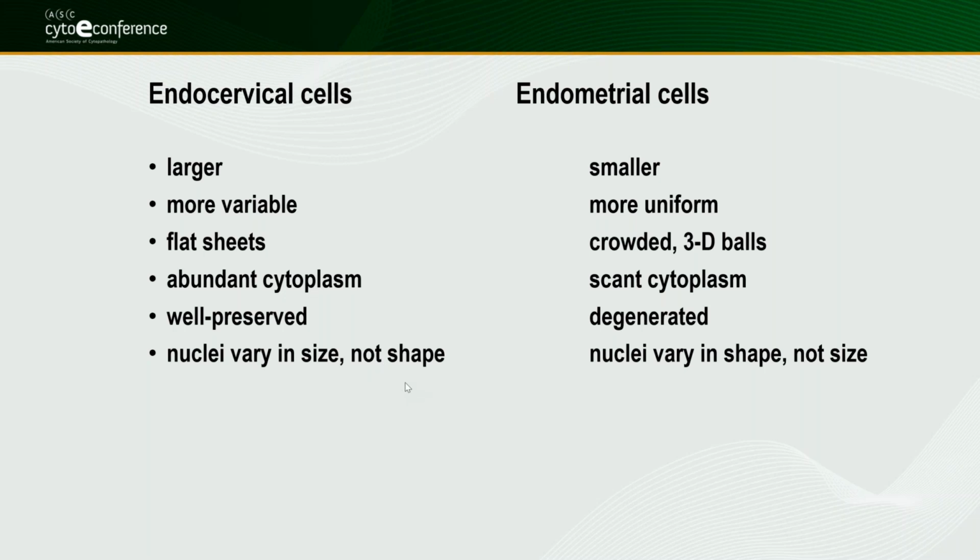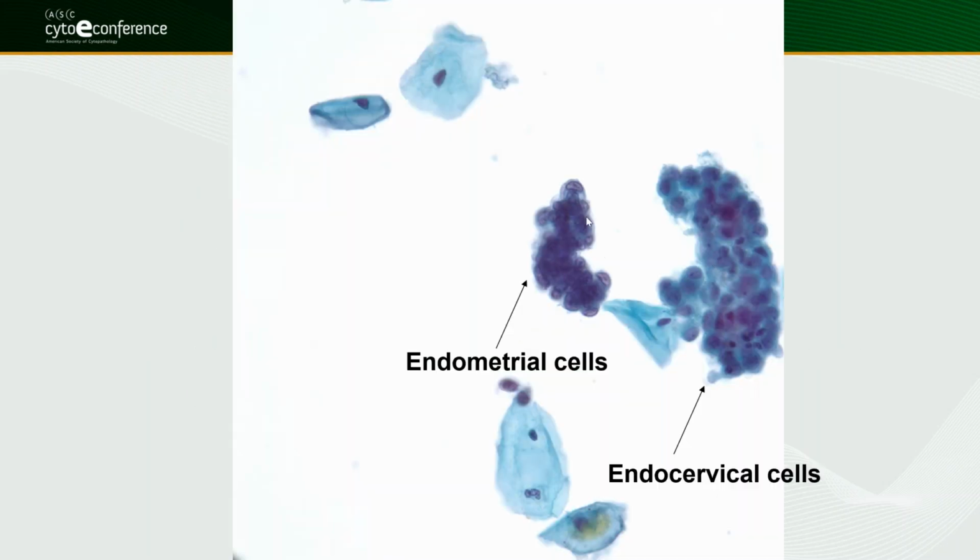They're round, but you can have a variation in size, with a smooth nuclear membrane. This is a picture of endometrial cells, and endocervical cells are bigger. They have round nuclei with small nucleoli, while endometrial cells are typically degenerated, crowded, and much smaller in appearance.